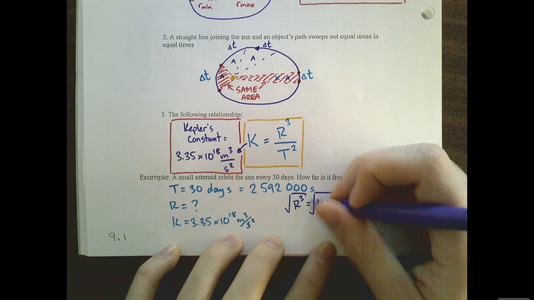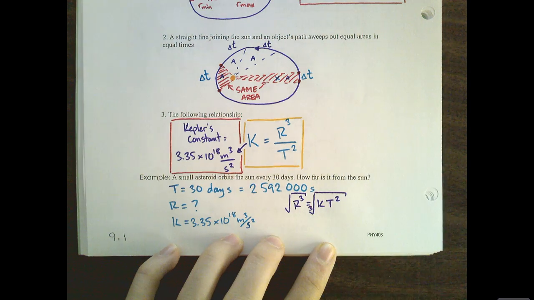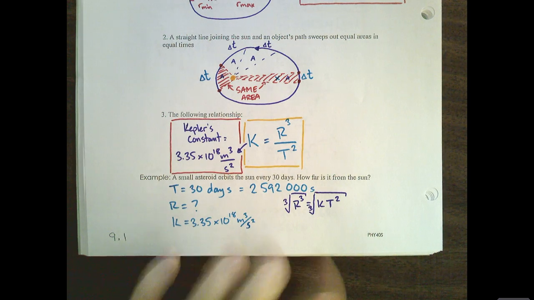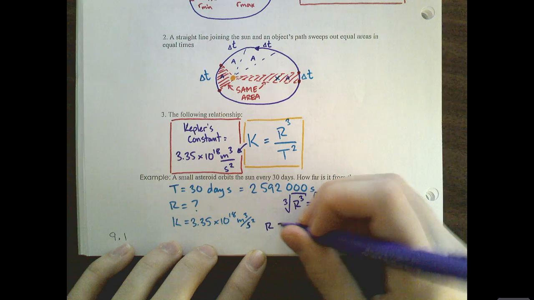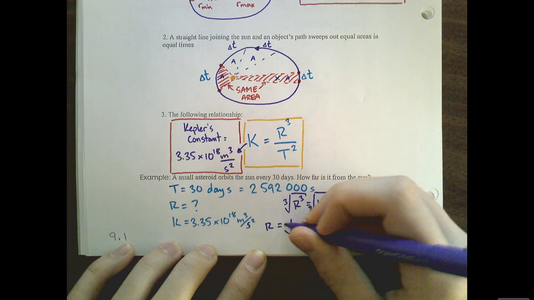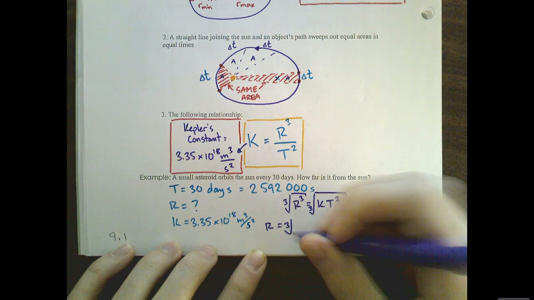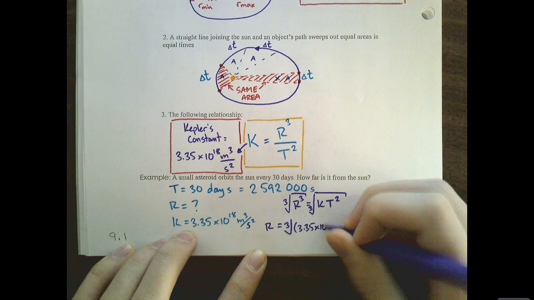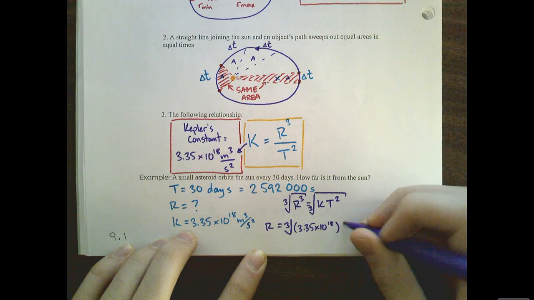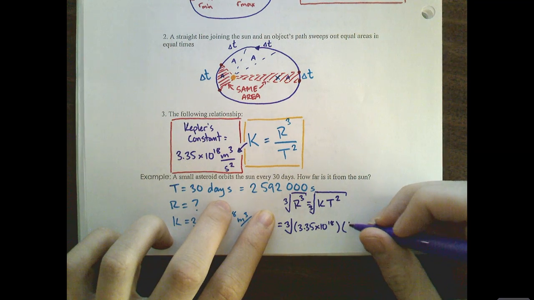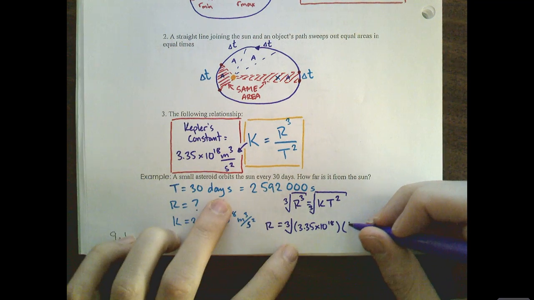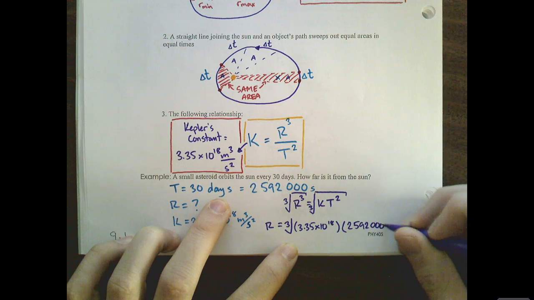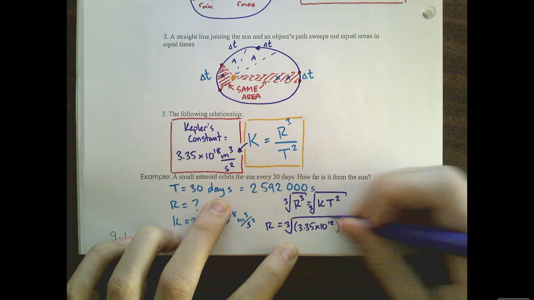Find that on your calculators. So our final formula should be R equals the cube root of K, which is 3.35 times 10 to the 18, multiplied by T squared, which is 2,592,000 squared.